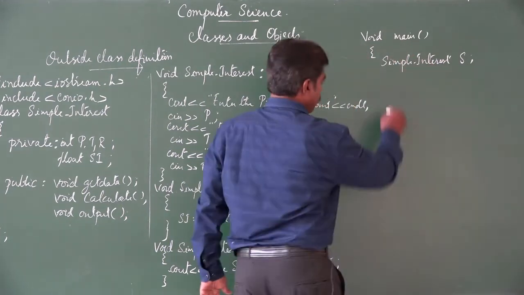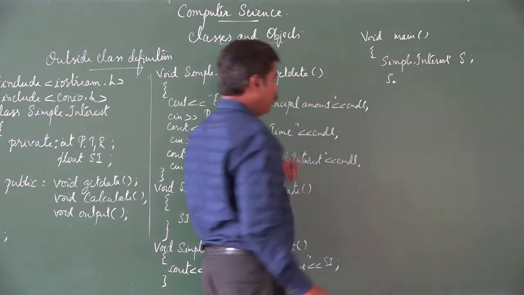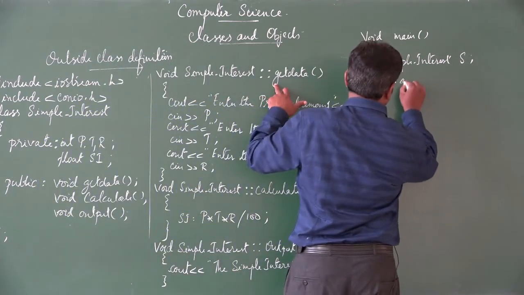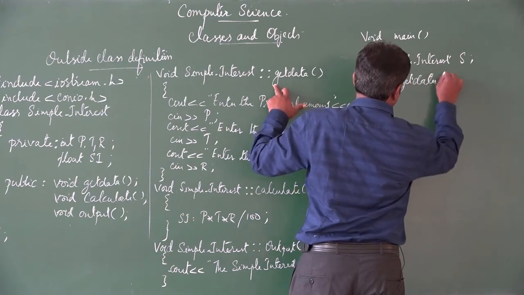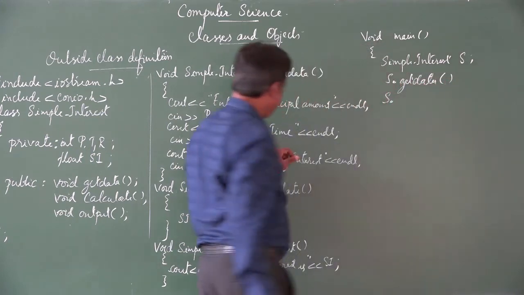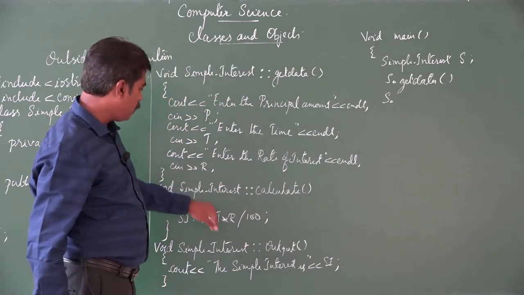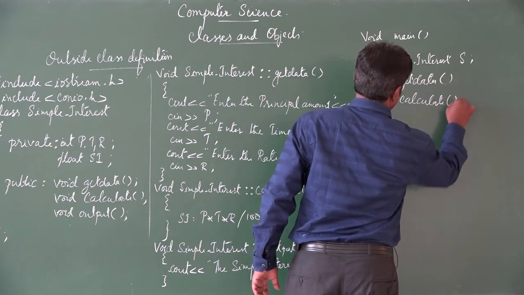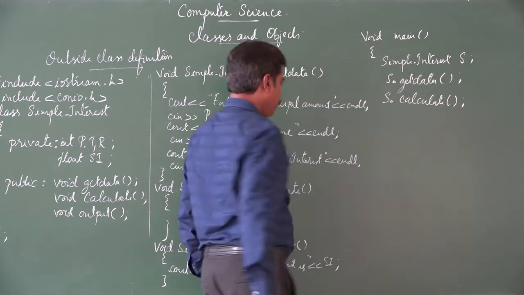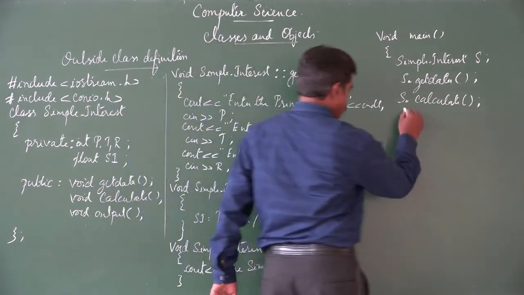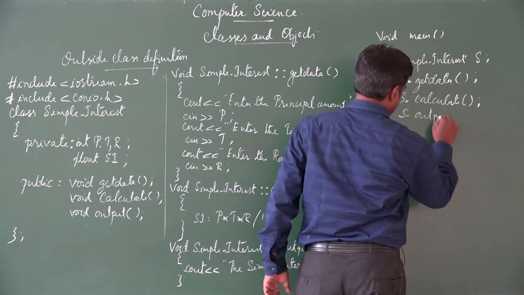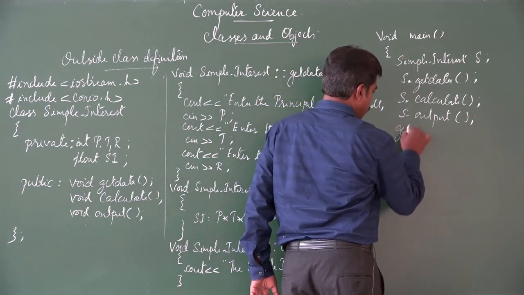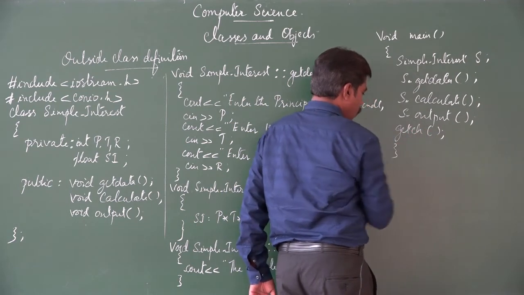Then I continue, S dot. The member function we are going to call is getData. So S dot getData, then S dot calculate, semicolon, then we have S dot output, function brackets, then I take getch, then I close the flower bracket.